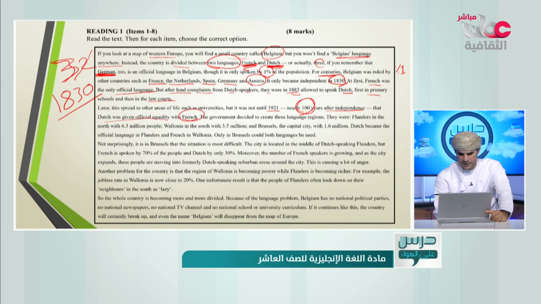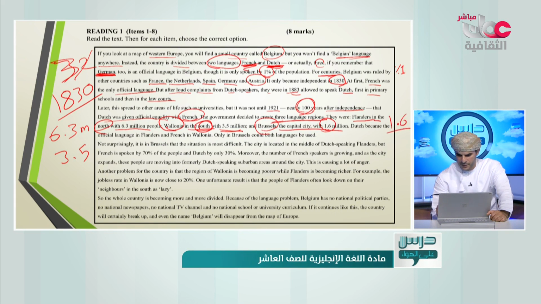The government decided to create three language regions. They were Flanders in the north with 6.3 million people, Wallonia in the south with 3.5 million, and Brussels, the capital city, with 1.6 million.